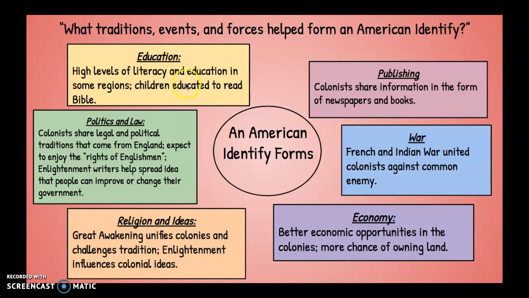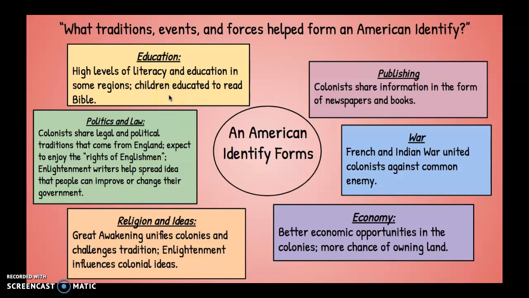So in the lighter yellow up here, it says education. High levels of literacy, Americans being able to read and write, and education in some regions, that was a huge part of how our American identity was forming.